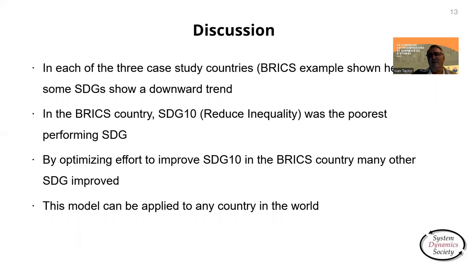And then we tried to optimize the effort to improve SDG 10, but this effort was applied to all the SDGs because they were synergistic and to various different levels to each SDG, but we tried to apply it in a way that improved the performance of SDG 10, or the lowest SDG. And as we saw, when we did that, many of the other SDGs improved as well.